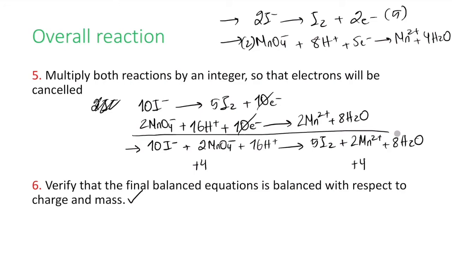We start by balancing the atoms that are being oxidized or reduced. Then we balance the oxygen atoms by adding water molecules. We balance hydrogen atoms by adding hydrogen ions, and then we balance the charge. The steps should be respected. You should follow the exact same steps.